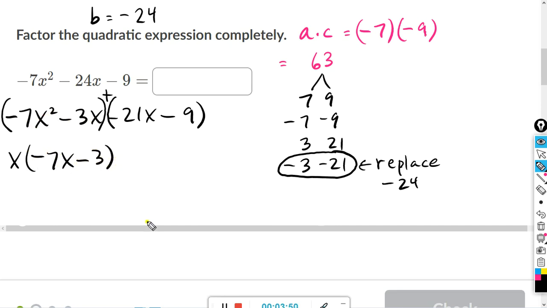All right. And now here we have -21 and -9. Okay, both are divisible by -3. All right, so I'm factoring out a -3 out of here. -21x divided by -3 is just 7x. And -9 divided by -3 is +3.